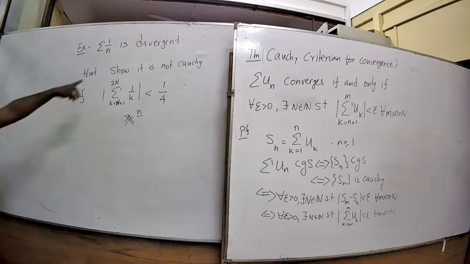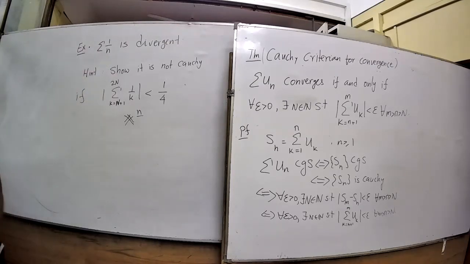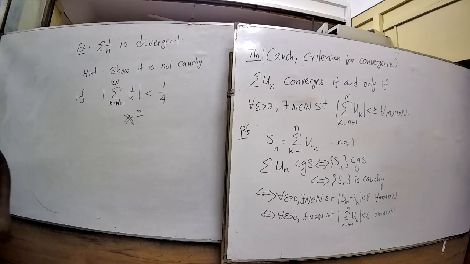Here in this example also, u_n is going to 0, but the series is divergent. So that's why this example is given. So you try working out this example at home. We will continue from here in Monday's class. So let me stop here and continue on Monday.